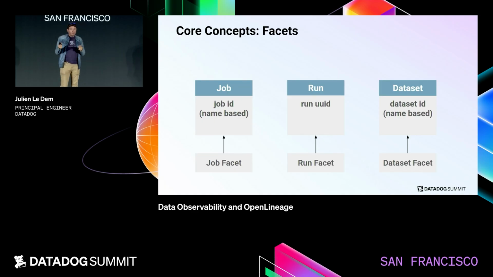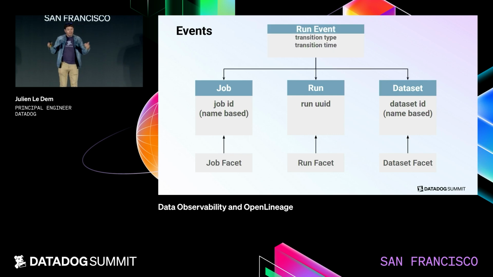On the run, you might have the query profile attached as a facet, and so you can better understand performance or cost of various runs of a job. On the job, you may have the query plan or some information that may vary depending on whether it's a Flink job or a SQL query or a Spark job. And all of this is connected in a run event.